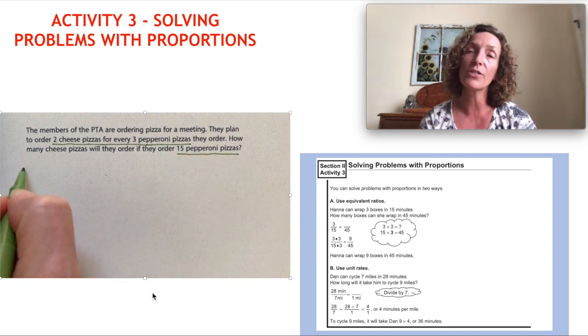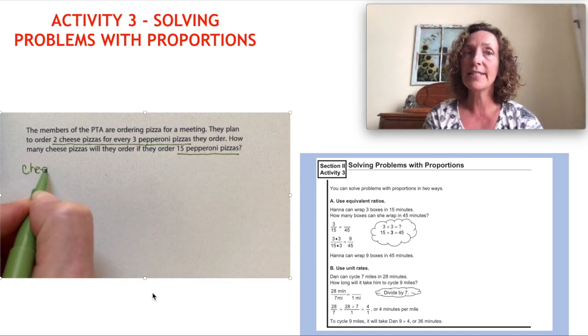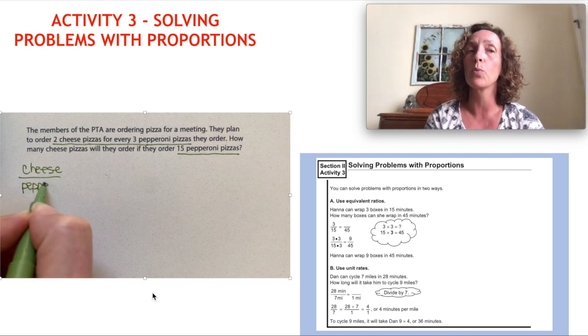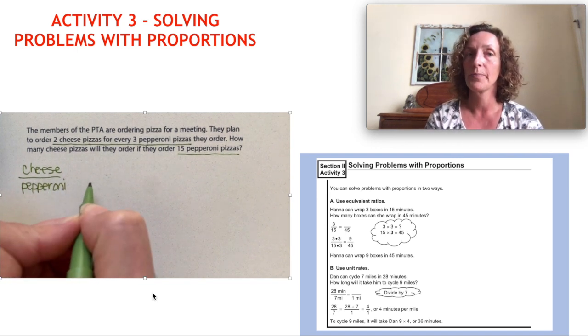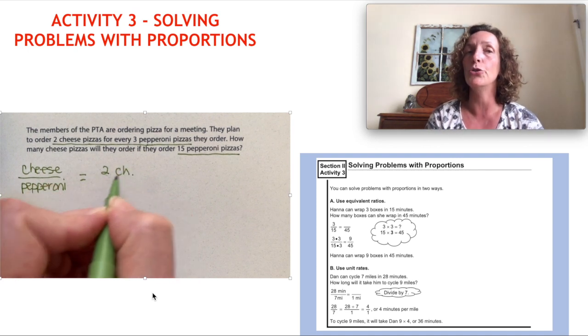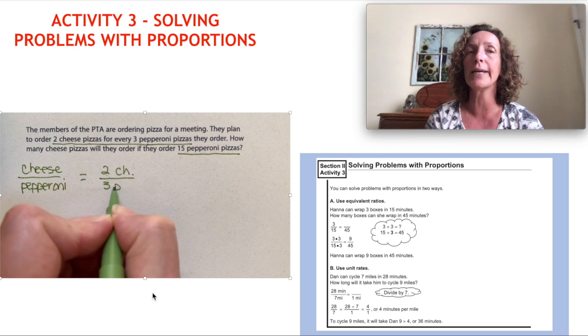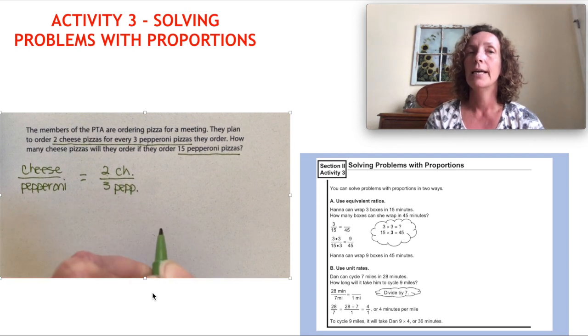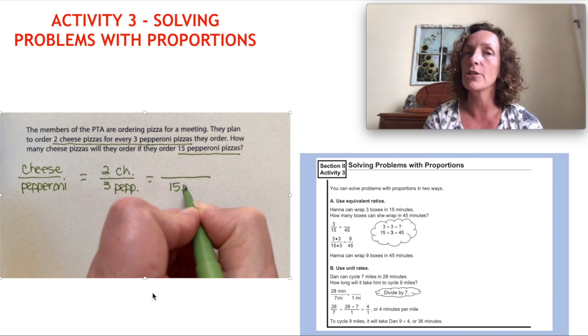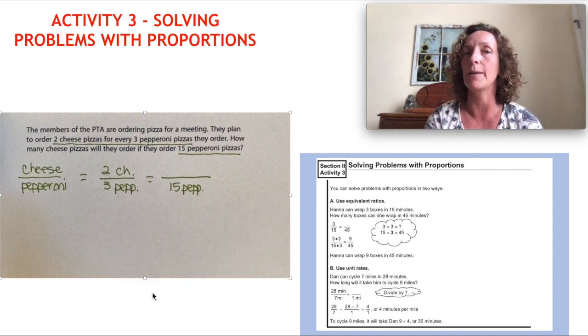So they've given us a ratio. They have said that we're going to order so many cheese pizzas for every pepperoni pizza that we order. All right, so let's look at what they told us. They said we would order 2 cheese for every 3 pepperoni. Now, our problem tells us that we are going to order 15 pepperoni pizzas.